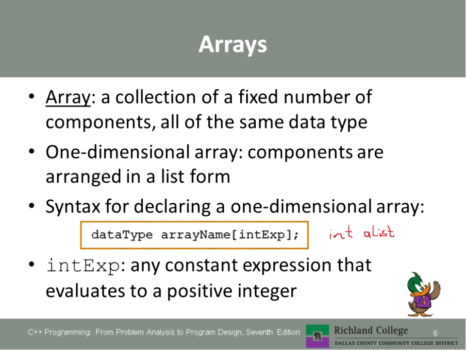And we try to be consistent with our naming standard, right? And then we say how many of those items we need. Okay, so in this case, it's going to be 5 items, and each one of them is going to be an integer. Now the subscript operator, right? So we have this subscript, which is the index.